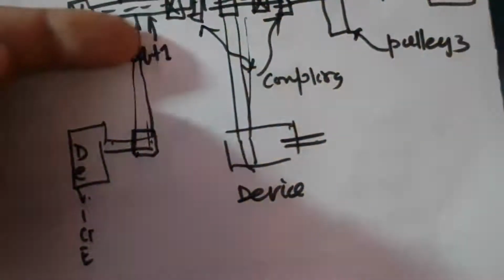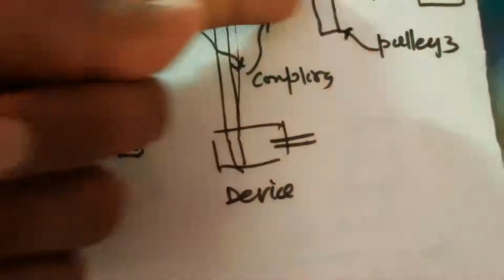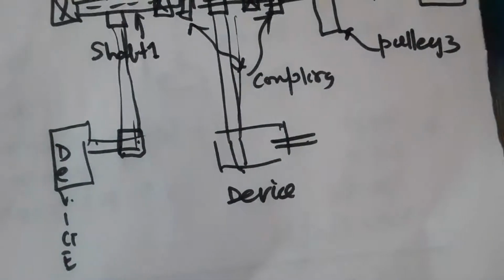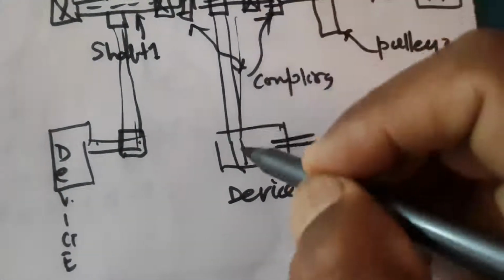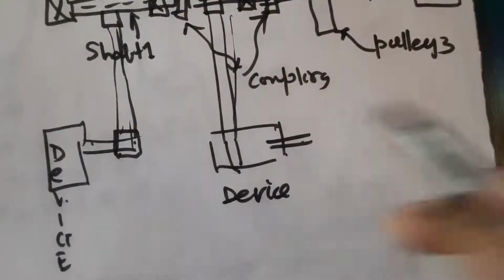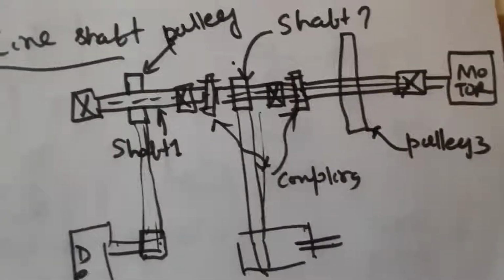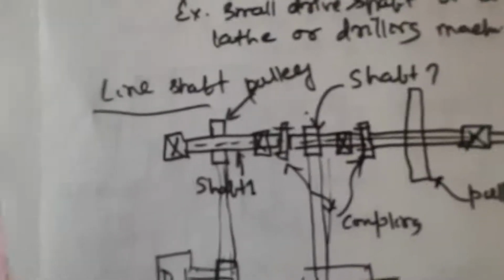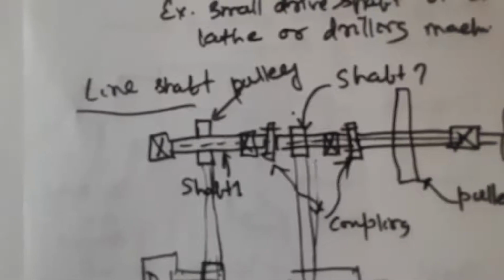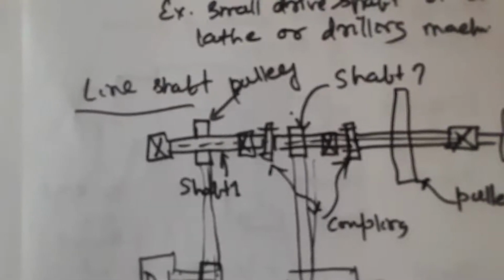Though the RPM, or revolutions per minute, of each shaft is the same, the pulleys here are different, so these will be rotating at different speeds.